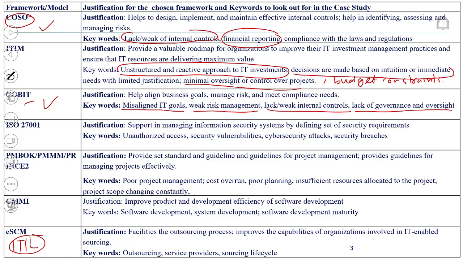Then you go to something like ISO 27001. This is your framework for any security-related issues. So if you're seeing a lot of unauthorized access, for example, users having more privileges than they require, cybersecurity issues.